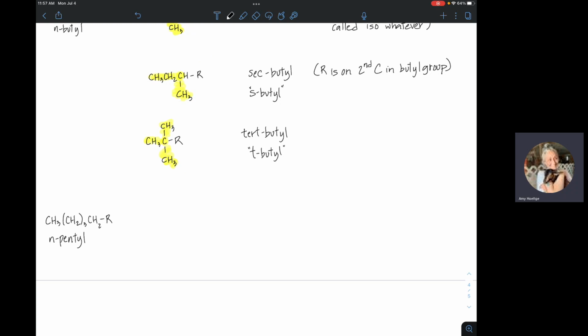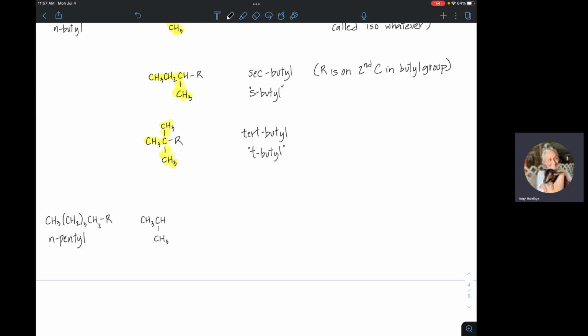I can write this a little differently, right? Just rearrange the groups, but keep the same molecular formula. So what if I put a methyl group here and created that terminal isopropyl group?